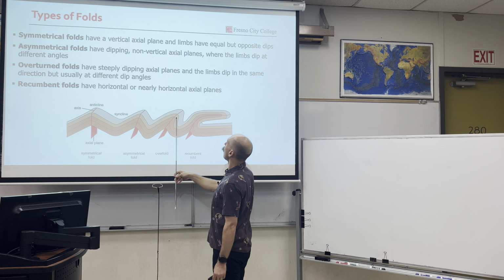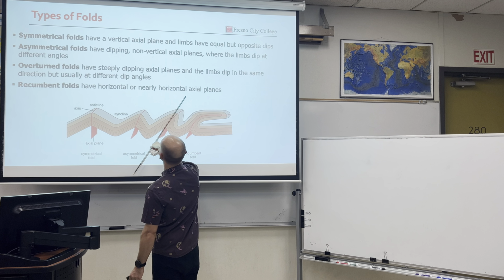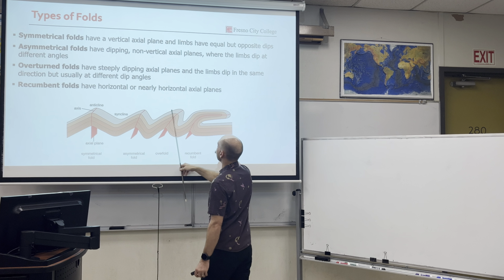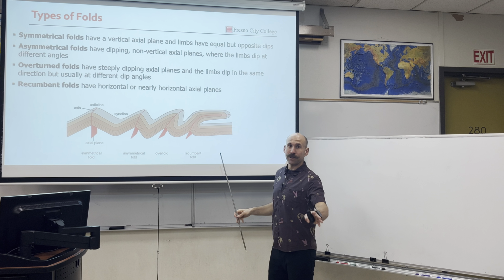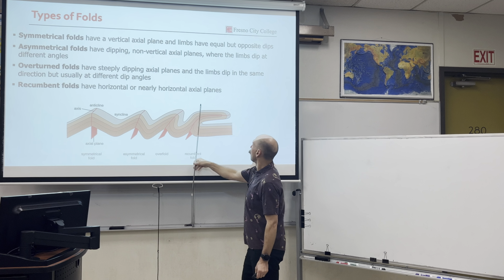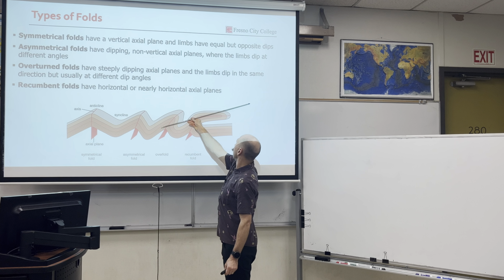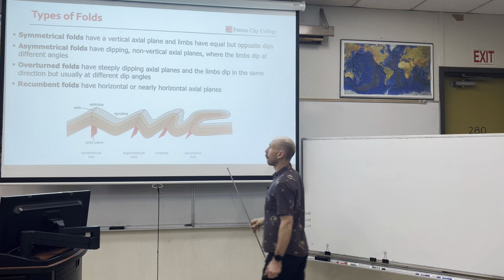We have overturned folds where you have a really steeply dipping axis and then the folds are dipping in the same direction but at different angles. And then, as we saw in our example on the last slide, we have a recumbent fold where the fold actually reaches near horizontal. Cool.